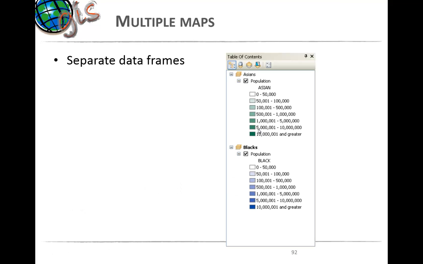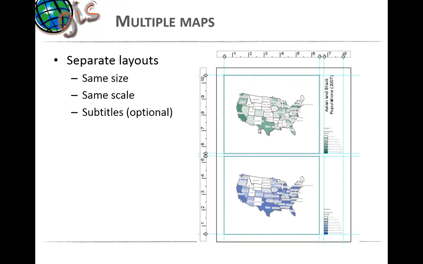So maybe in this case we are using different municipalities and creating a map for each one of those. During the data-driven pages, you can control the dynamic text, which could be the municipality name, and as you can see, we are going through different municipalities quite easily.